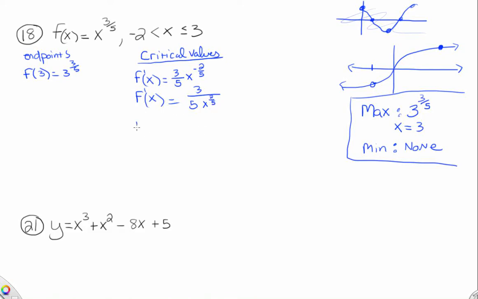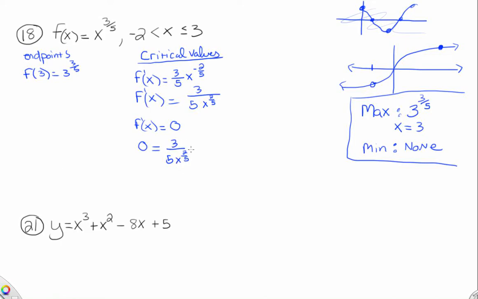And now I want to know when is the derivative equal to 0, to look for that slope of 0. When I set this equal to 0, I quickly see, hopefully, that there is no way that the derivative can equal 0. We have a fraction. The only way a fraction can equal 0 is if the numerator equals 0.